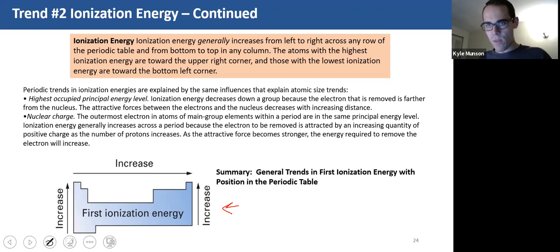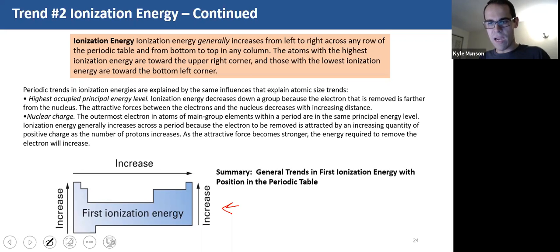Okay. So the periodic trends in ionization energy are explained by the same influences that explain atomic size trends. So ionization energy decreases down a group because the electron that is removed is further away from the nucleus. And so the attractive forces between the electron and the nucleus decrease the further you go away. And then the nuclear charge: the outermost electrons of the main group elements within a period are in the same principal energy level.